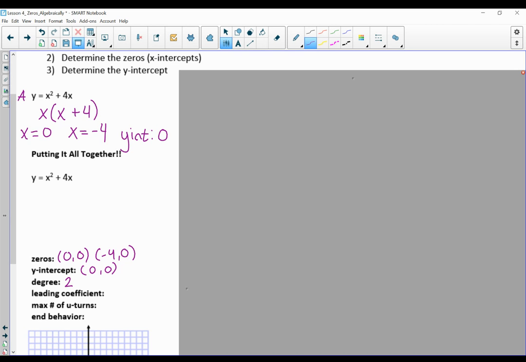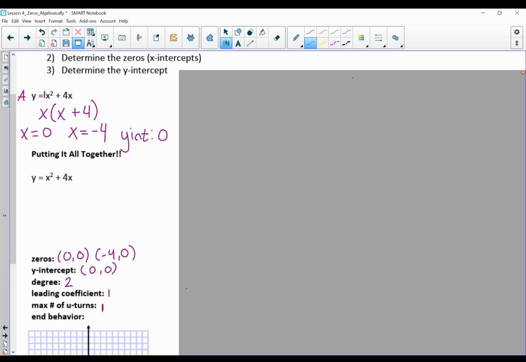And so in this case, that number is 1. Since I don't see a number there, that number is 1. The maximum number of U-turns I can have is always 1 less than the degree. I'll repeat that. The maximum number of U-turns you can have is always 1 less than the degree. So 2 minus 1 gives me 1.